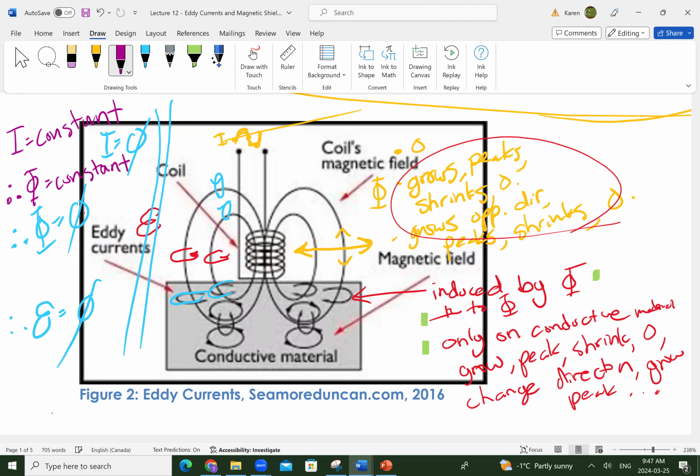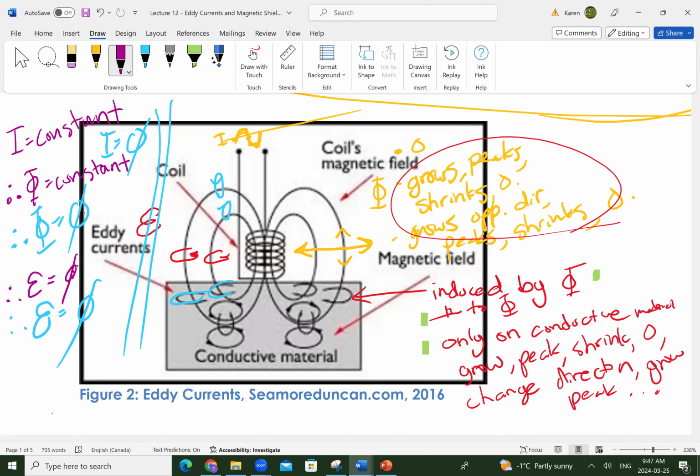It is X number of Webers per meter squared. There is a flux density and it stays the same. It'll be constant. Therefore, eddy current is not constant. Well, actually, it is constant. It is absolutely nothing. No eddy currents.